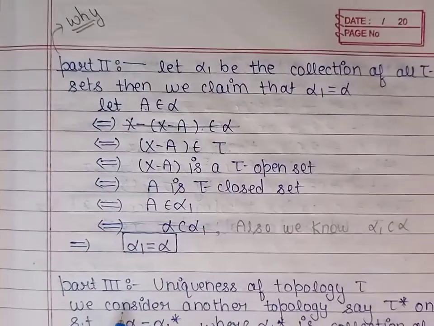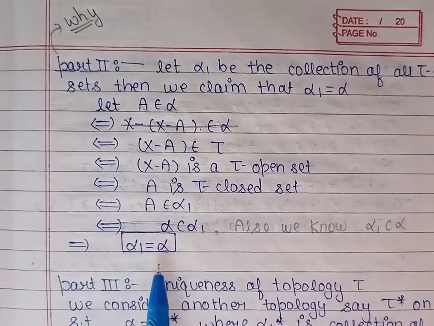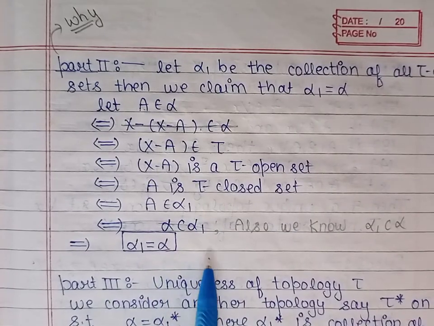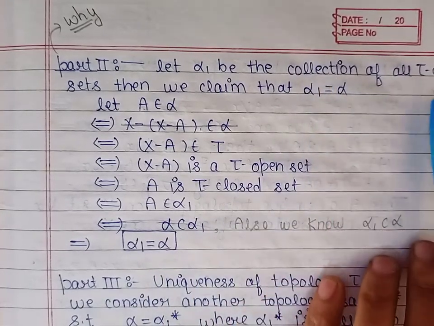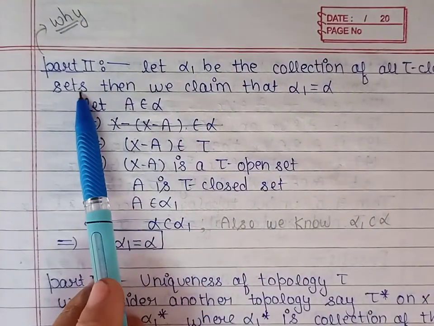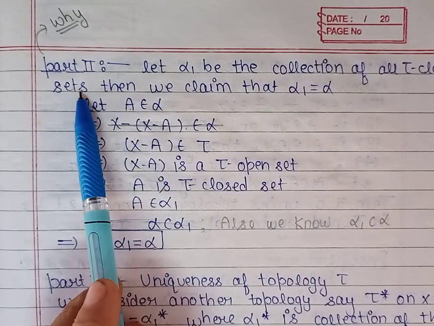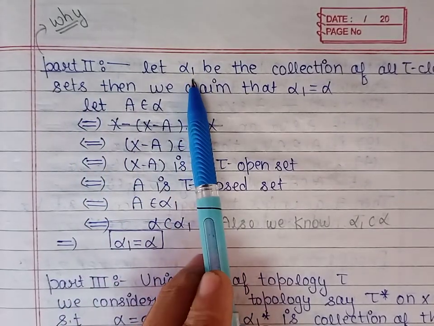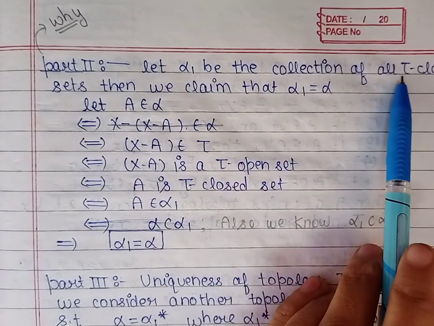In the next step, we prove that the collection alpha is nothing but the collection of all the tau closed sets. Tau closed sets means sets which are closed with respect to the topology tau. So let us take alpha 1 to be the collection of all those sets which are closed with respect to the topology tau.